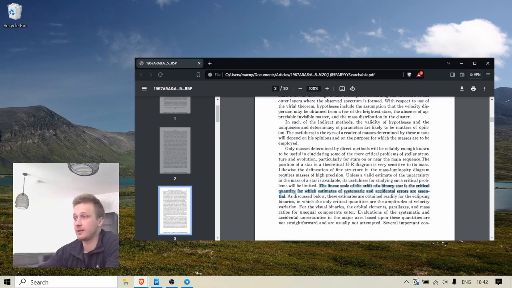That's why we need the parallax, so that we can estimate the distance, so we can say something about the linear scale of the orbit. So the linear scale of the orbit of a binary star is the critical quantity for which estimates of systematic and accidental errors are essential. Yeah. Okay.